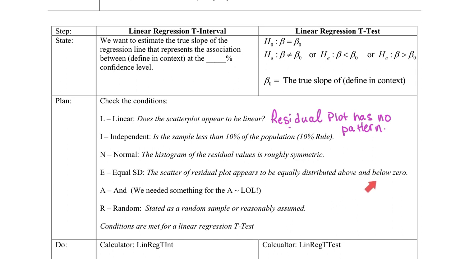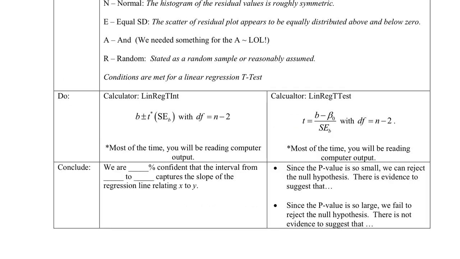So you don't see a lot of distance above and very little distance below your residual line. Okay, the A is just 'and' because we just needed something for the A, and R is random, stated as a random sample or reasonably assumed. And then we say the conditions are met for a linear regression t-test.